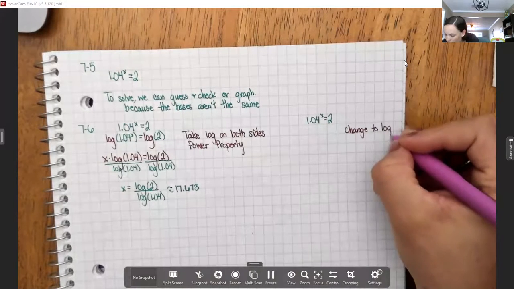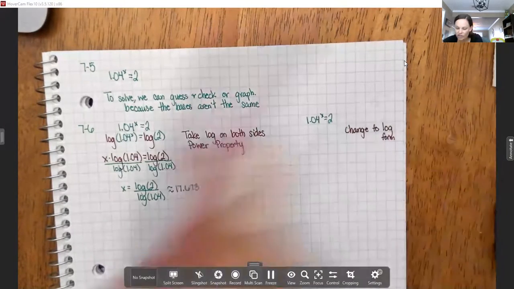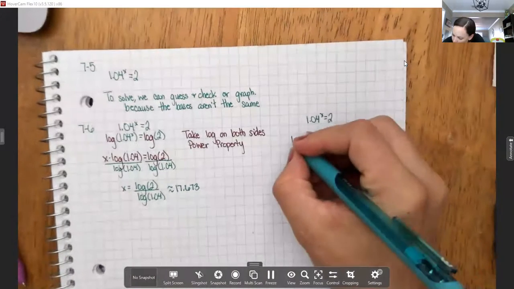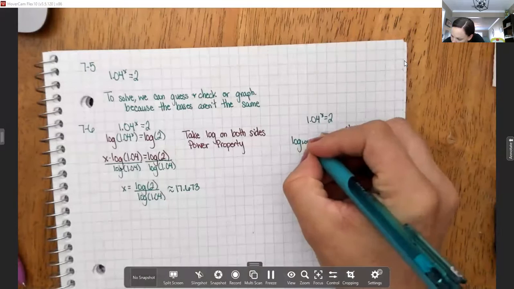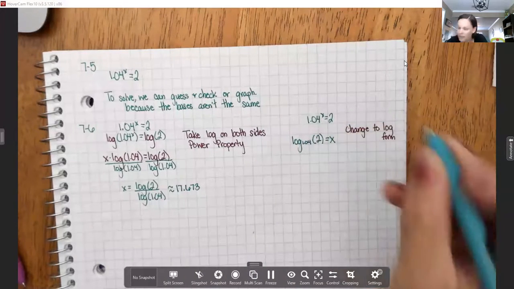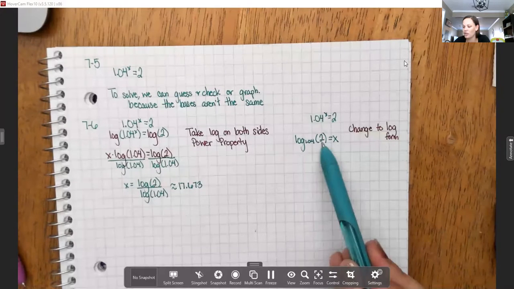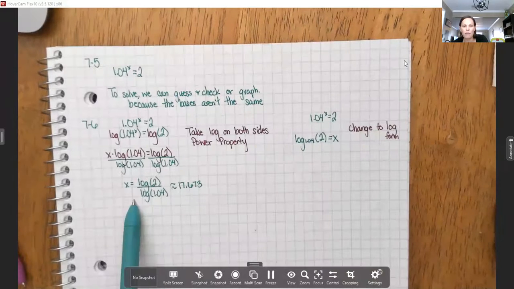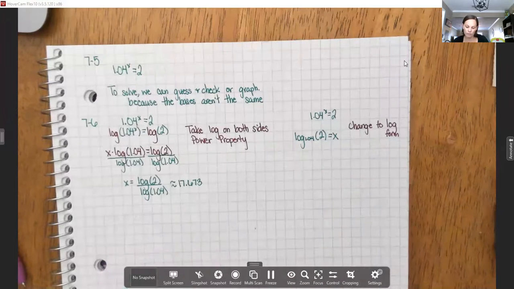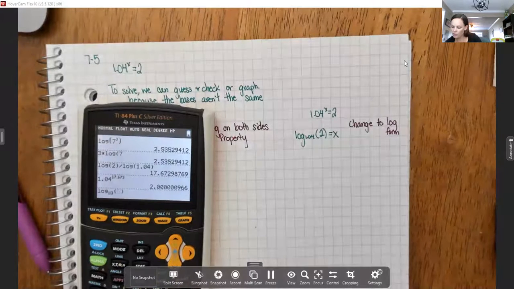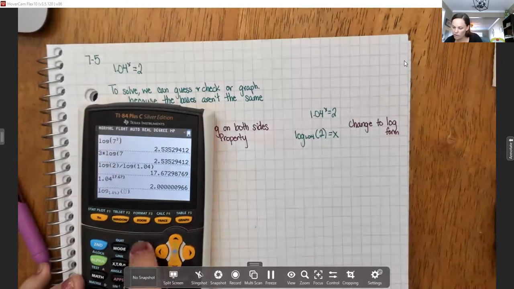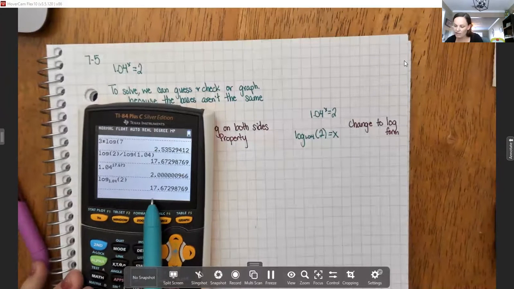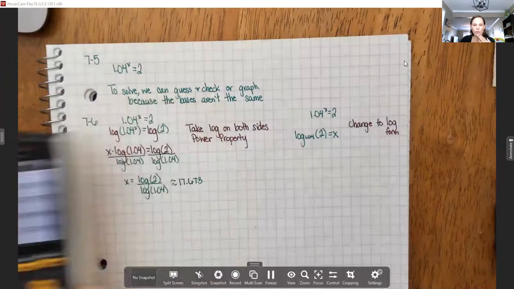This is exponential. If I change this to log form, it's log base 1.04 of 2 is equal to x. But if you're having a hard time typing this into Desmos or your calculator, this is much easier to type in because you don't need the different bases. But these will get you the same thing. I will confirm that on my calculator to show you. Log base 1.04 of 2 gives me 17.673 rounded.